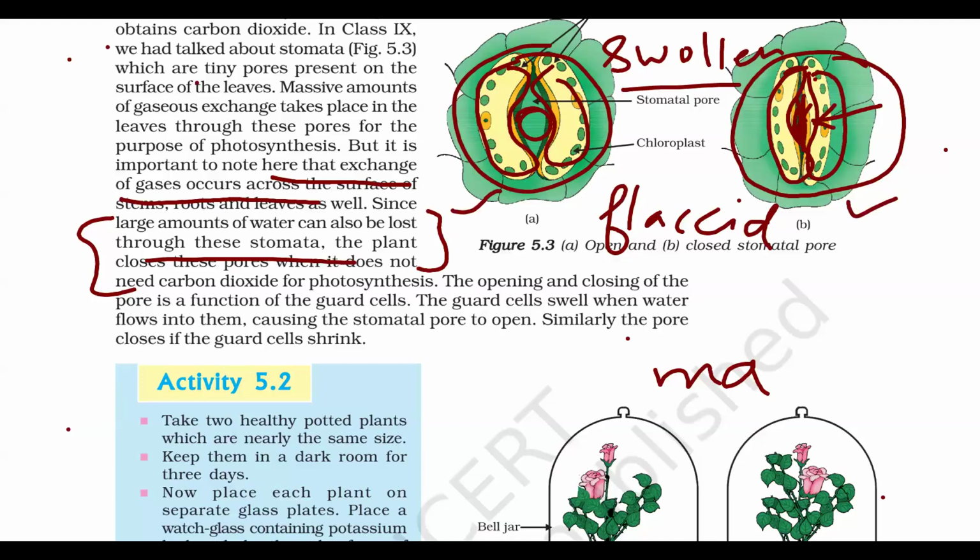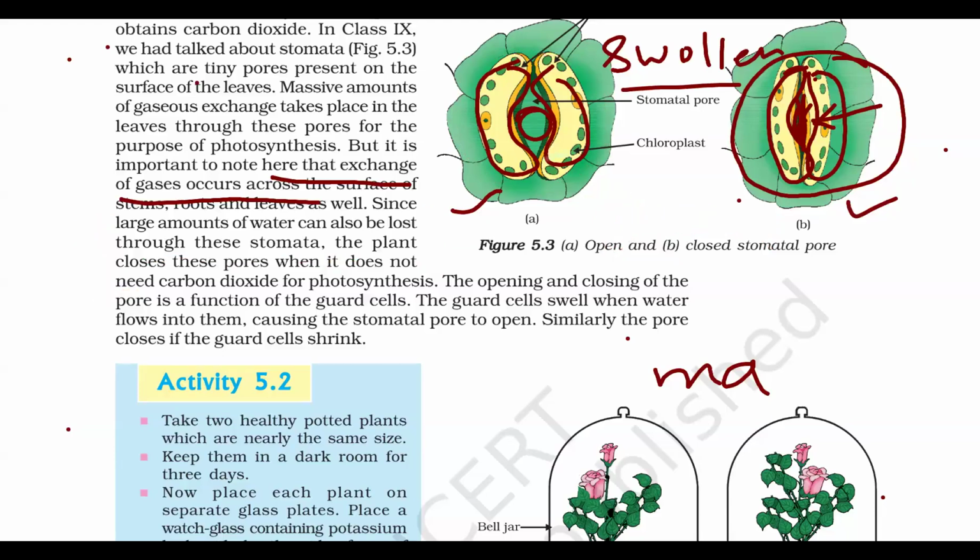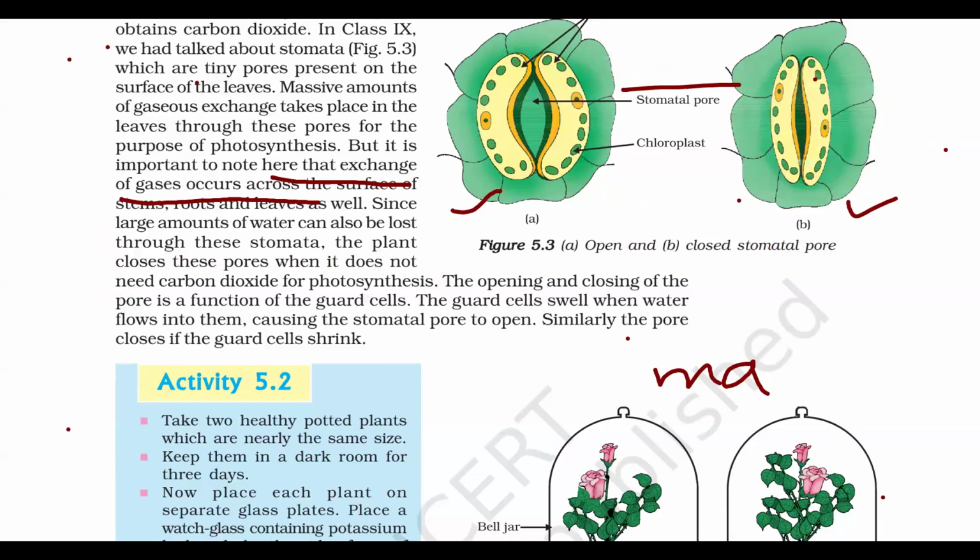Very important for the plant, for the exchange of gases and exchange of water also. So how does exchange of gases take place? When the plant needs carbon dioxide from the environment, what is going to take place? What is happening? Photosynthesis. Yes, carbon dioxide is entering the chloroplast and doing photosynthesis.